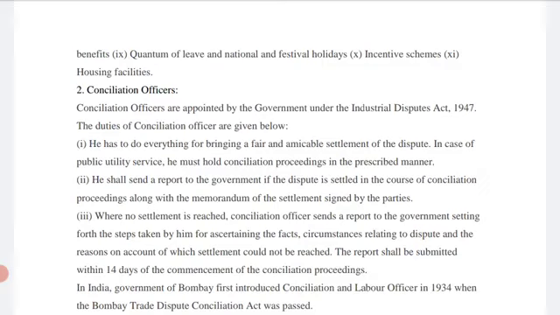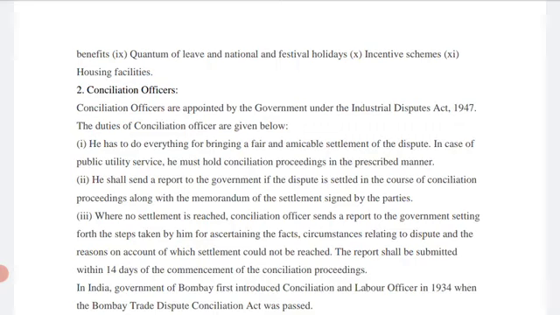The duties of conciliation officer are given below. See, this person who is appointed by the government to settle the industrial disputes, what he is supposed to do? He has to do everything for bringing a fair and amicable settlement of dispute. त्याने सर्व गोष्टी करायच्यात ज्याच्या थ्रू there should be settlement of dispute. In case of public utility service, he must hold conciliation proceedings in the prescribed manner.